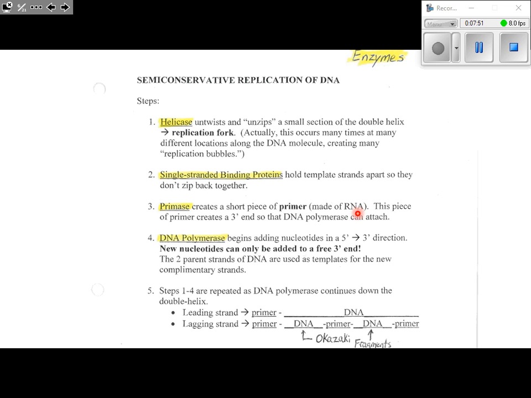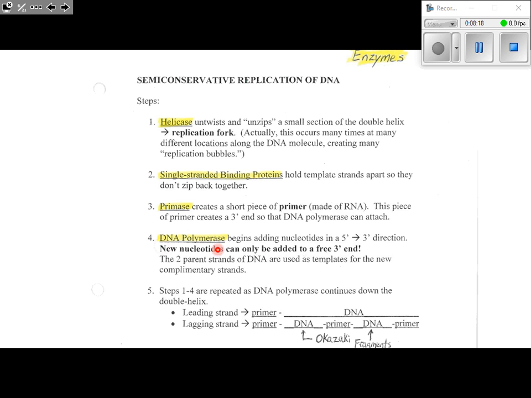It's not DNA, it's actually single-stranded RNA, but it's a little piece of RNA that has both a 5' and a 3' end. And the purpose of primer is to create a 3' end that the main copying enzyme, DNA polymerase, can latch onto and start building DNA.